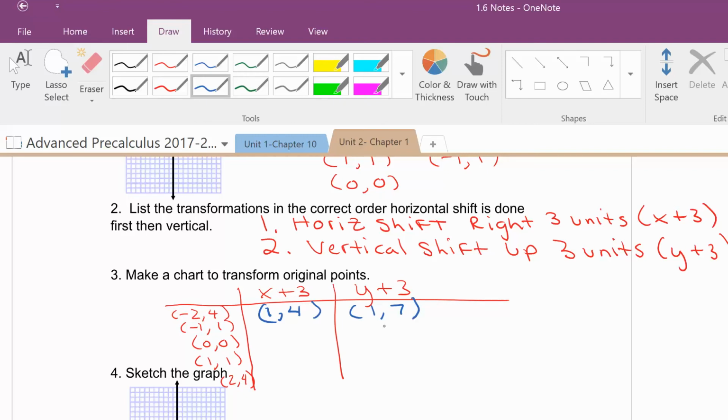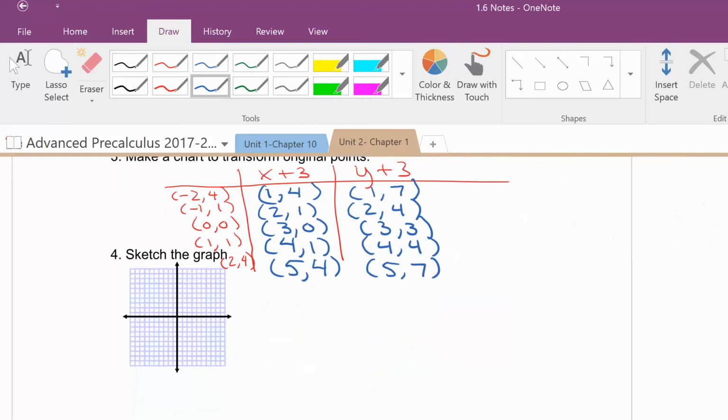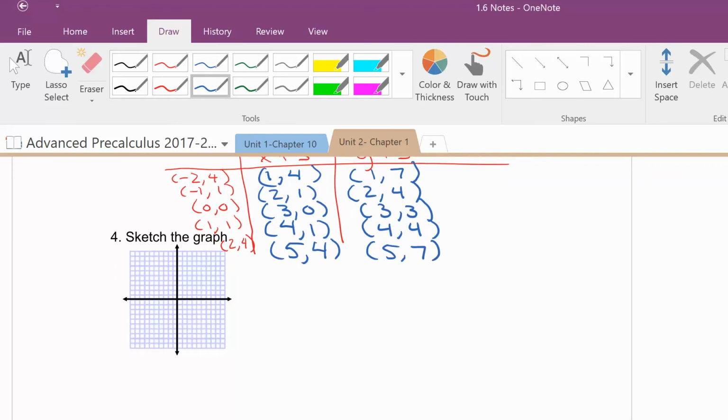So that's the new point. Adding 3 to the x is 2, adding 3 to the y is 4. Adding 3 to the x is 3, adding 3 to the y is 3 as well. Adding 3 is 4, adding 3 is also 4. And then adding 3 is 5, and adding 3 is 7. So those are the new points shifted right 3 and up 3.